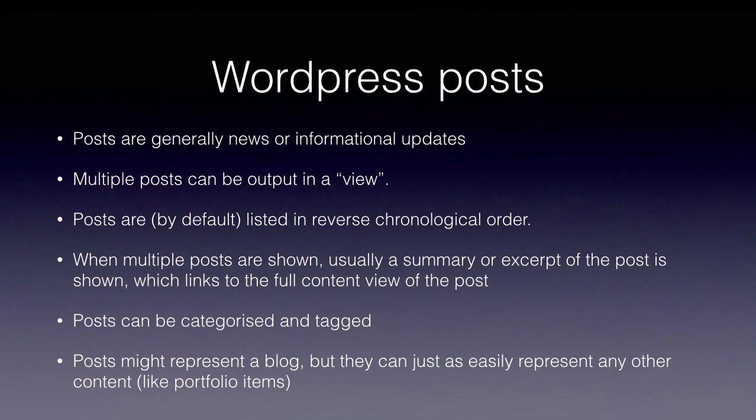So posts are by far the more flexible content type in WordPress, and are the type of content that you should be using most. Unless you do have a bit of static content, like an about page, which remains relevant regardless of when it was posted, and that you don't have any real need to categorize or tag in any particular kind of way.